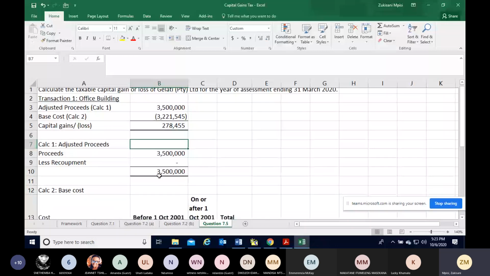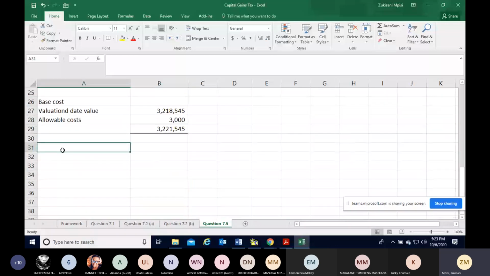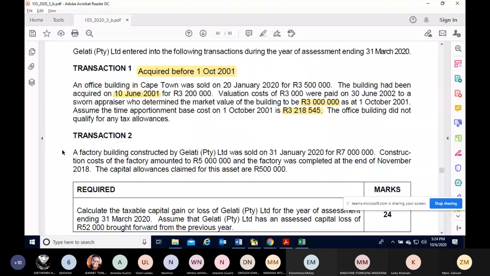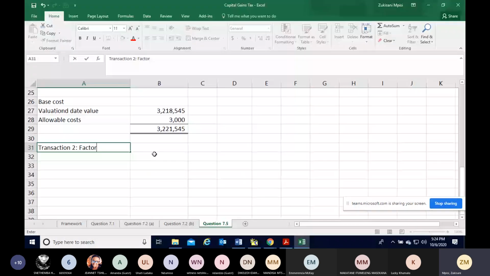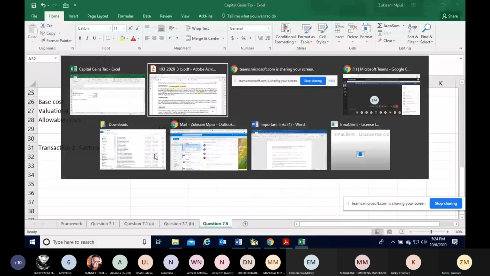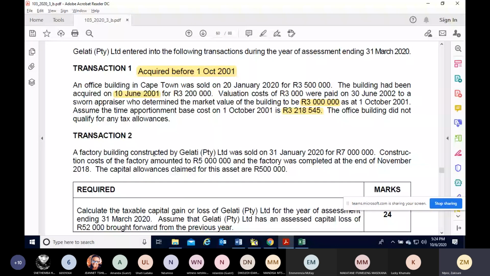So please hold on to this. We move on and we do transaction 2. What is transaction 2? Factory building. Let us quickly read about this one. Factory building constructed by Gelati was sold on 31 January 2020 for 7 million.